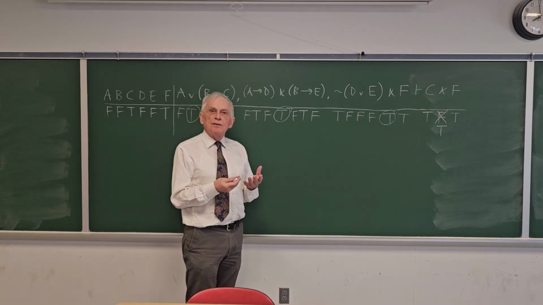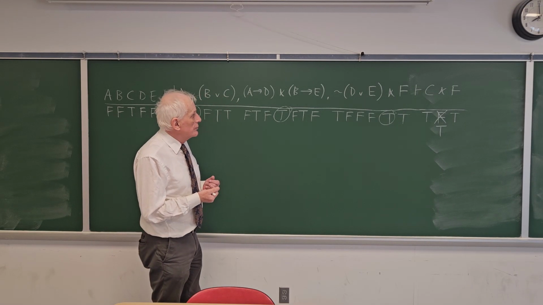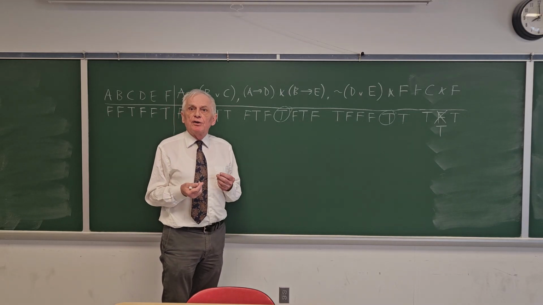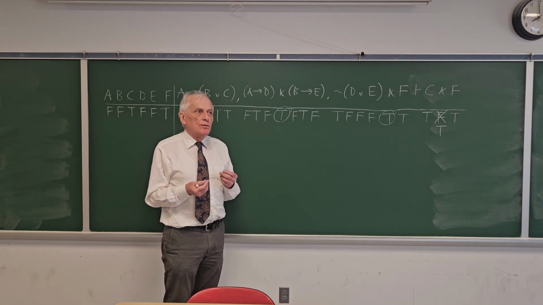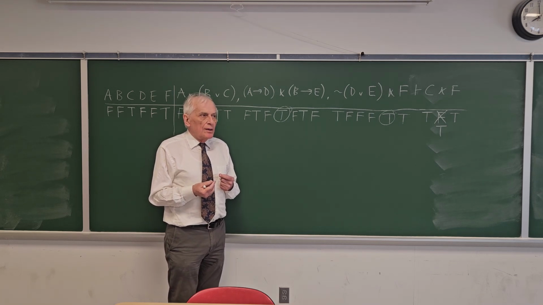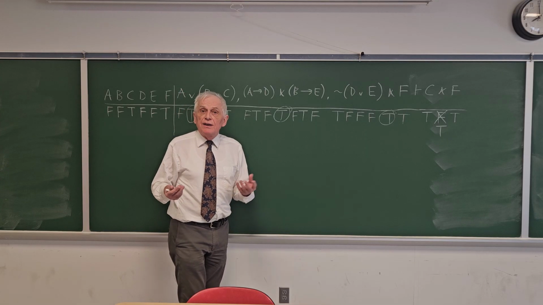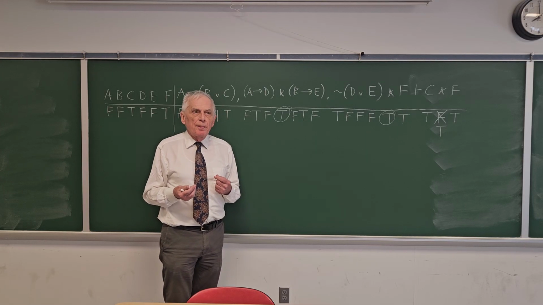And so this is a valid sequence. It's not possible for the premises to be true while the conclusion is false. And in a sense, this shows the validity of the argument.